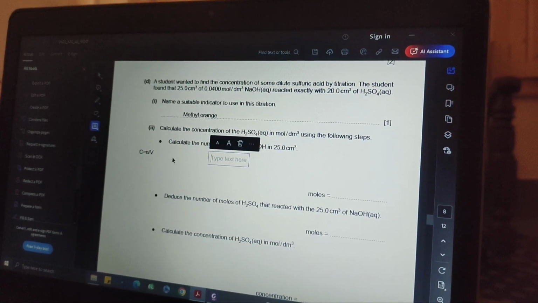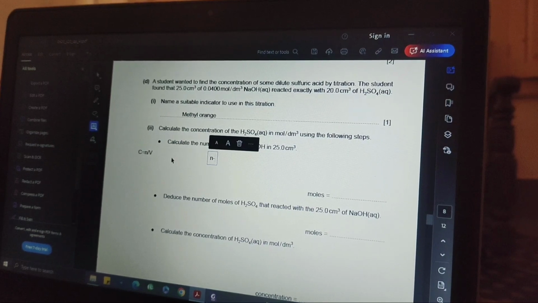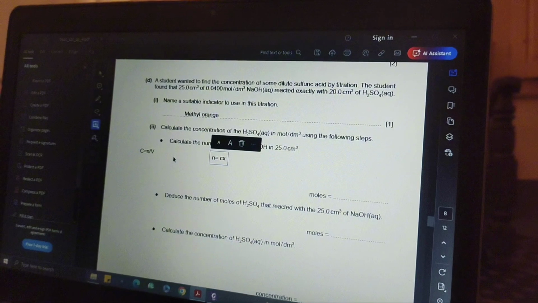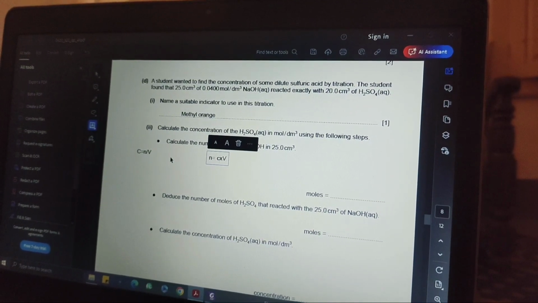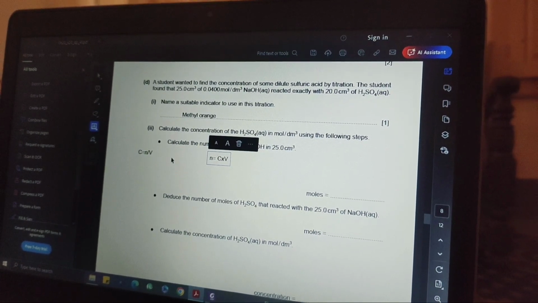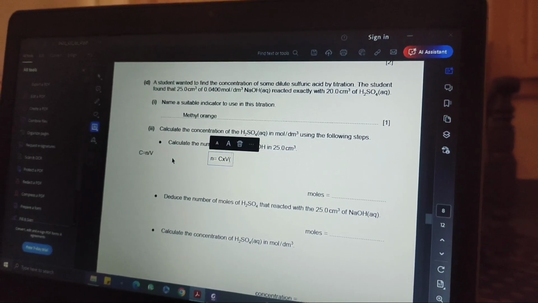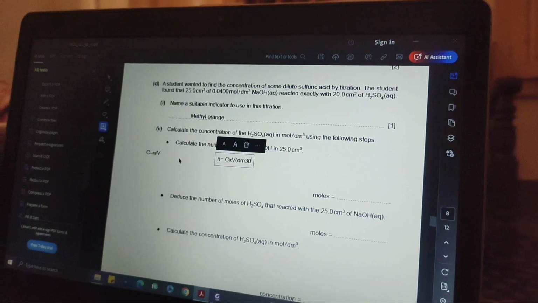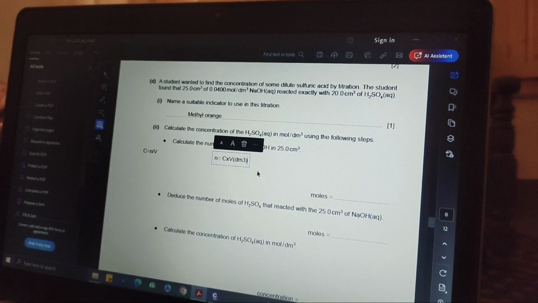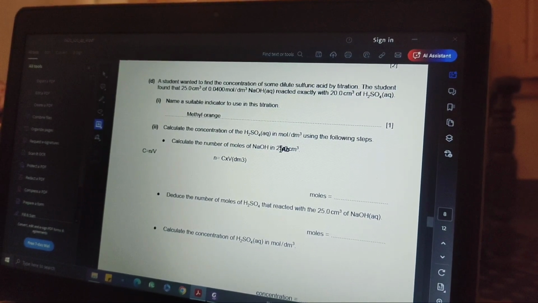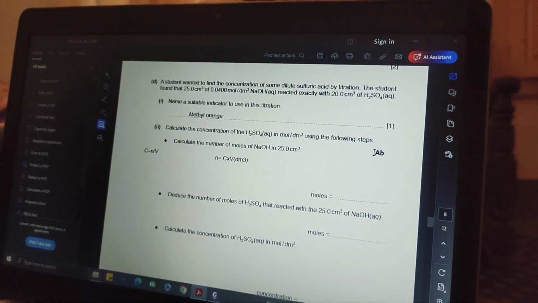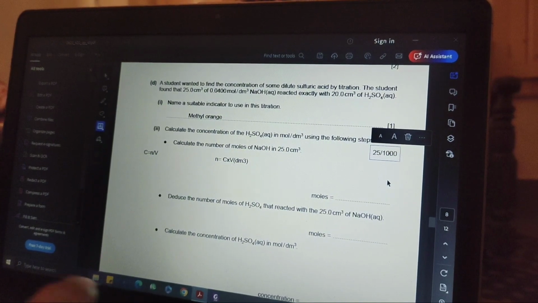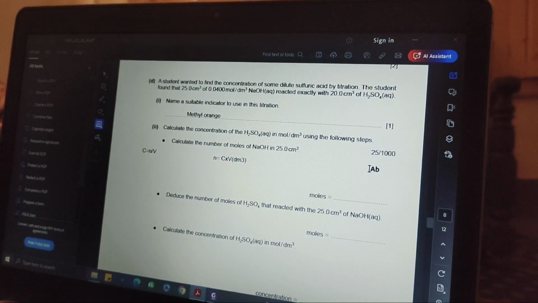So number of moles n will be equal to C multiplied by V. But one thing to remember, it will be in decimeter cubes. So the given volume should be converted to decimeter cubes. How can we do that? We can just convert it by dividing it by 1000. So it will be 0.025.